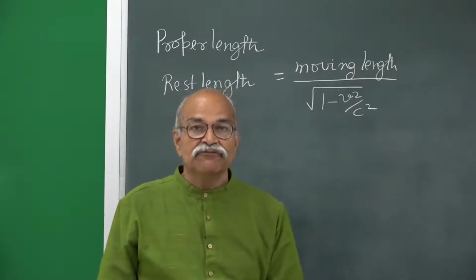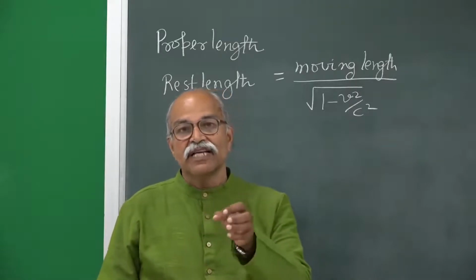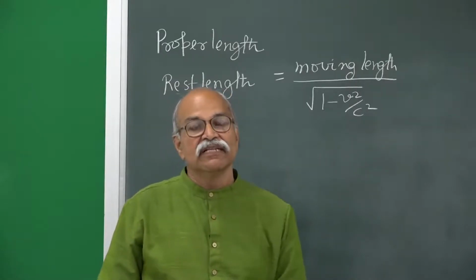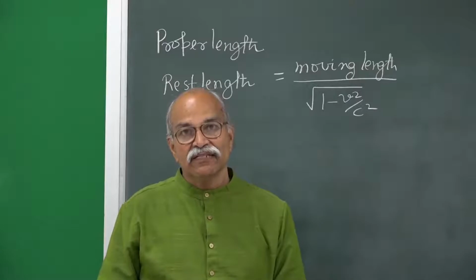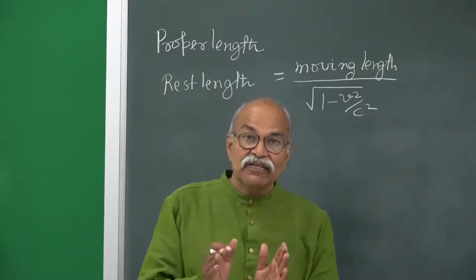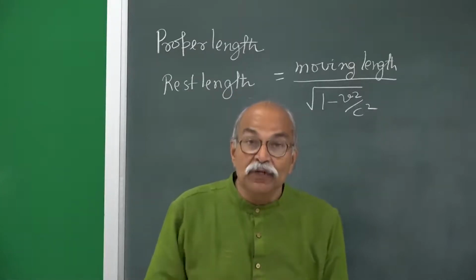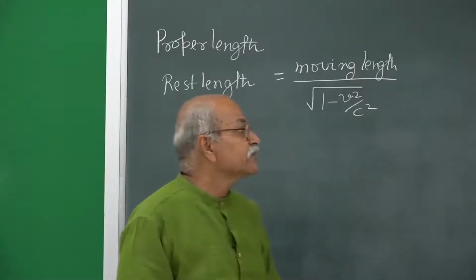And if you see from some other frame in which one event takes place at x equal to x 1, the other takes place at x equal to x 2 somewhere else, then the time interval measured from that frame will be more. So, that is known as time dilation.